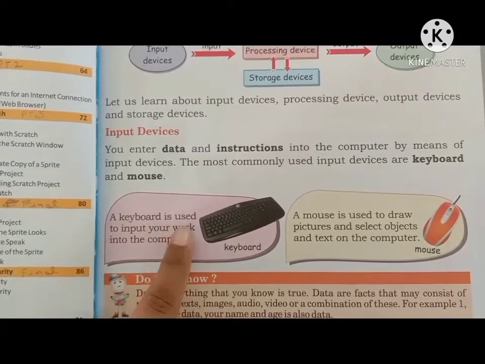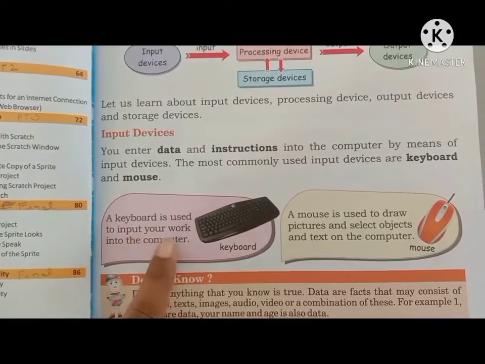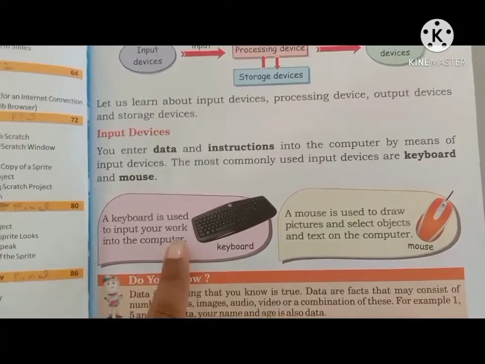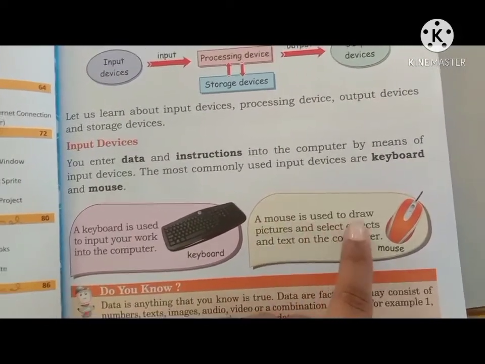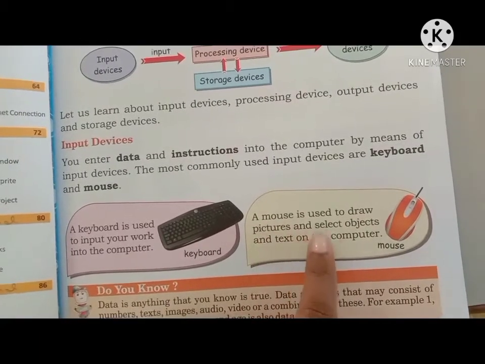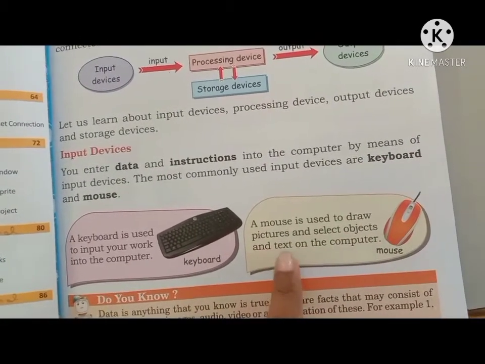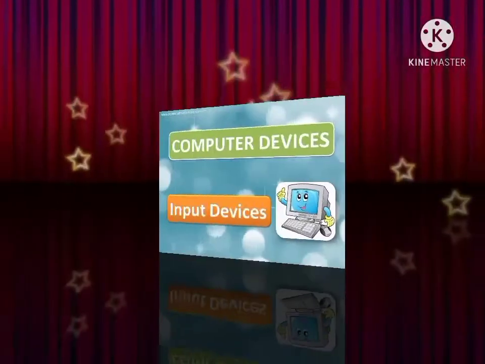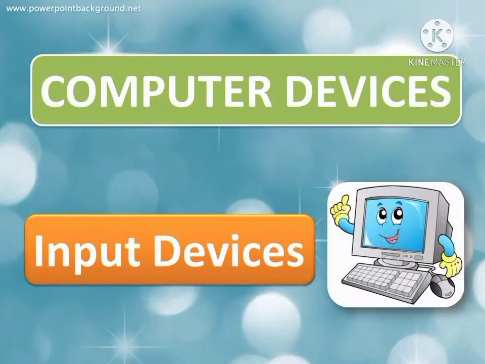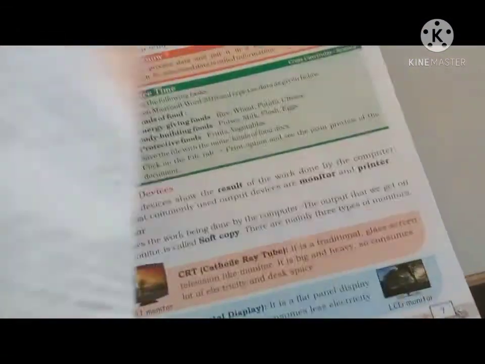A keyboard is used to input your work into the computer. A mouse is used to draw pictures and select objects and text on the computer. Students, turn your page.